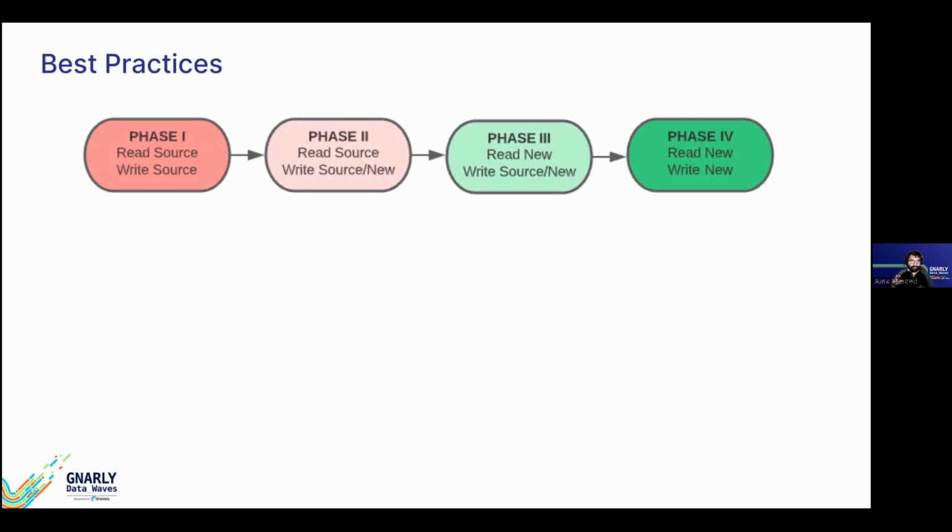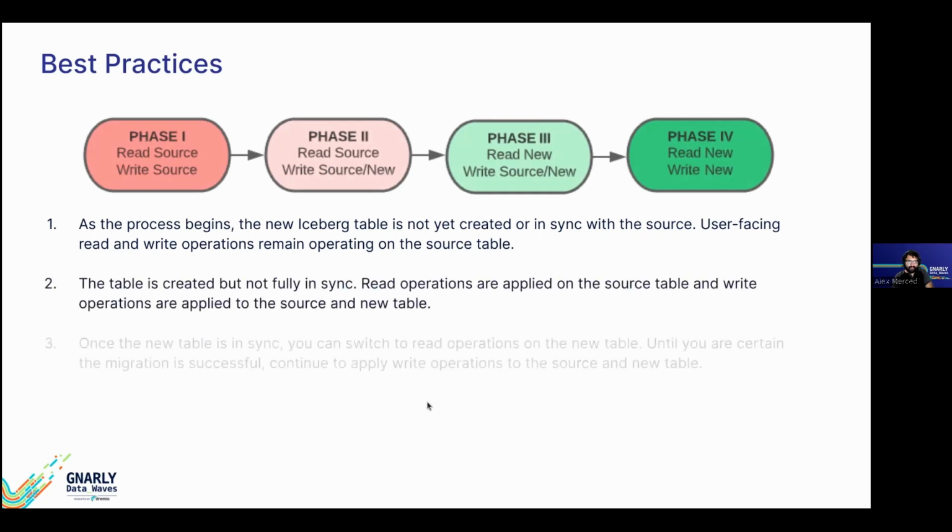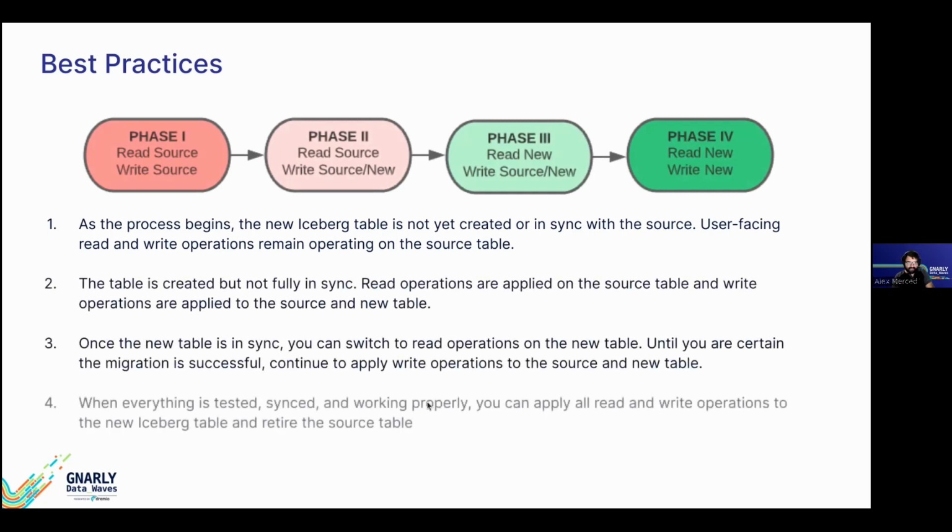Then once you feel confident that everything's working fine and you don't need the Hive table anymore, you can shut off the writes to the old Hive table, and now you've fully migrated. All your reads and all your writes are going to the new table. So you want to think of it in these milestones that might take periods of time to accomplish, but this way, you're not moving too fast and ending up in a situation where you can't hit reverse if needed. Okay, so that just basically outlines what I just said.